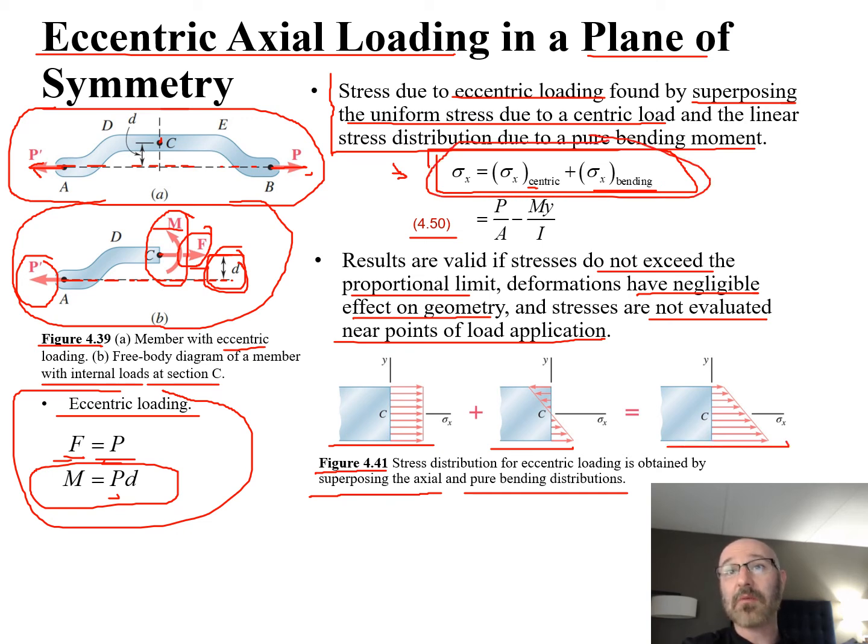And again, we can plug into equation 4.50 if we had some numerical values. We can see graphically our stress distribution, uniform for this first part in A. Adding it over here to our bending moment, we're going like this for our distribution of stresses. And then last, you can add those two together in order to get part C, where we're looking for our stress distribution over the entire member.